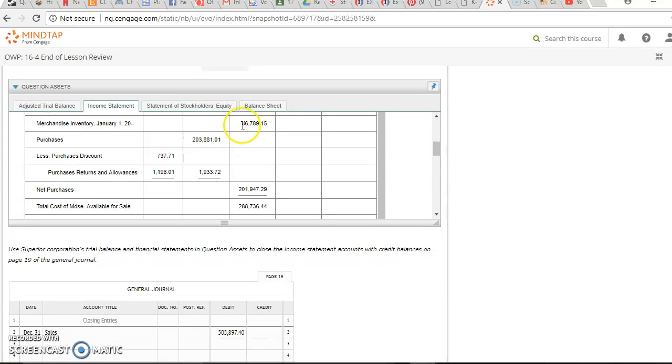Merchandise inventory is an asset, so it's not there. So purchases has a debit balance, but these two contra accounts have credit balances. Purchases discount, and then purchases returns.